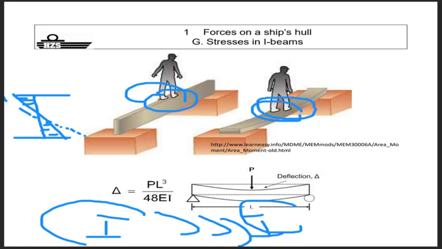Later on, we will try to formulate if something is subjected to bending like this. It depends on a certain aspect. It depends on the shape of your vessel, in this case the beam. What is its resistance against bending? Because there's a link between both of them. There's a link between stresses and I. And as you can see, it's inversely proportional.